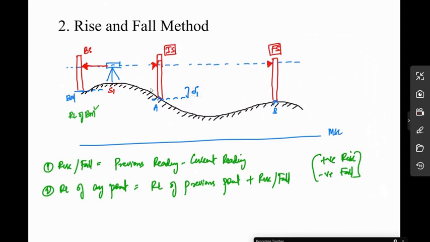Similarly, I have the difference between these two readings, this is delta 2. This will also be a fall, because you could see with respect to A and B, B is lower, which means delta 2 will be a fall.